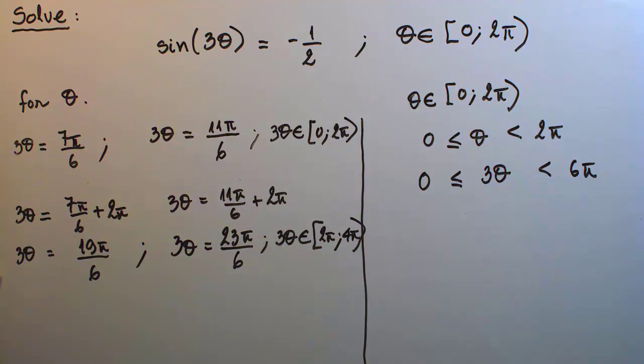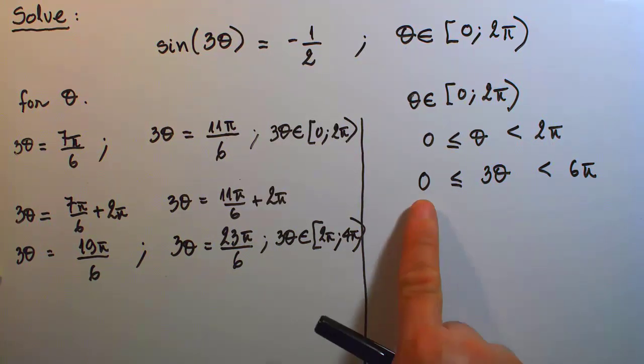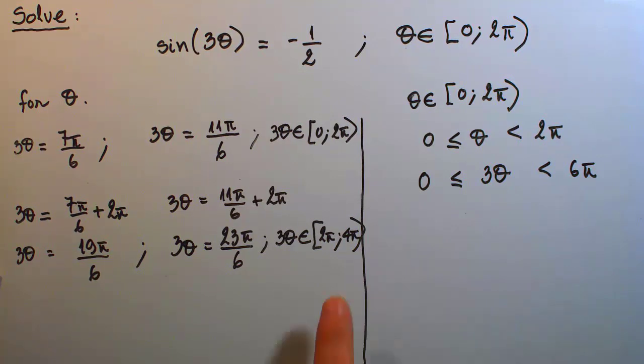And so now, once we've gone through this step, we can have one more, because our interval restriction for 3 theta is from 0 to 6 pi. So we can produce one more pair of values.